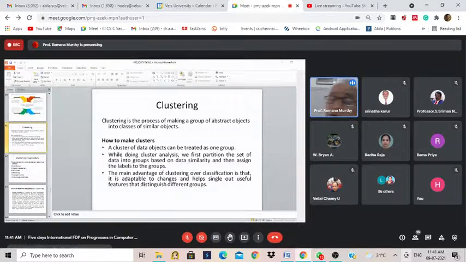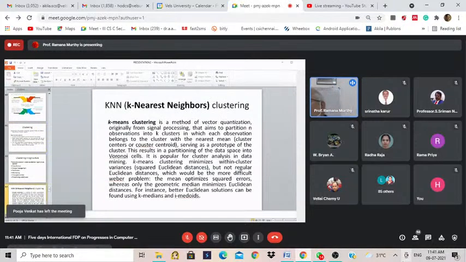You have to see whether it is adaptable to change and helps come out with a single output. The most important one for computer science that I have used is K-means clustering, the nearest neighbor algorithm.